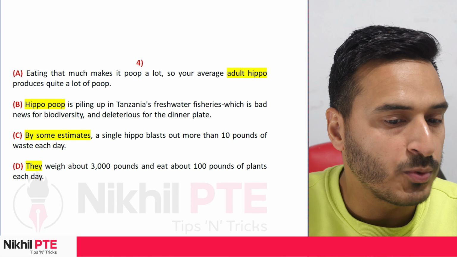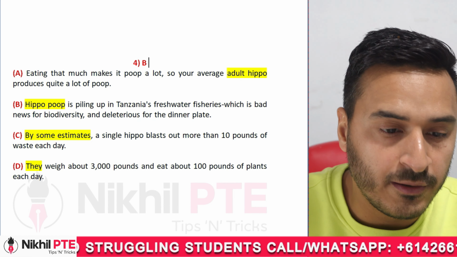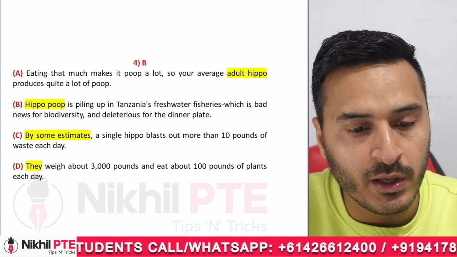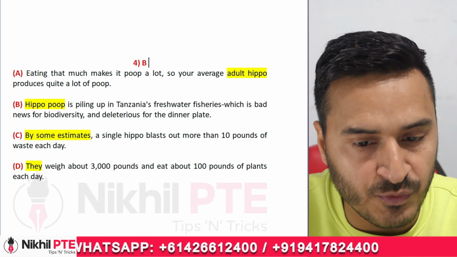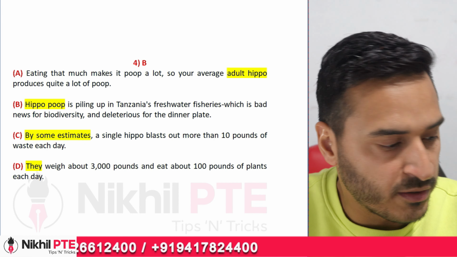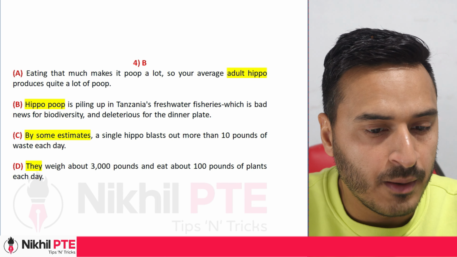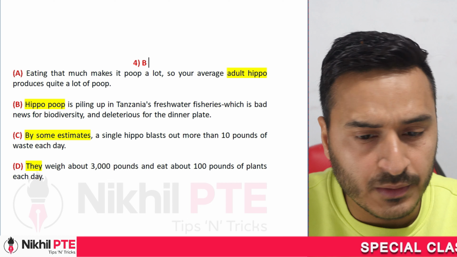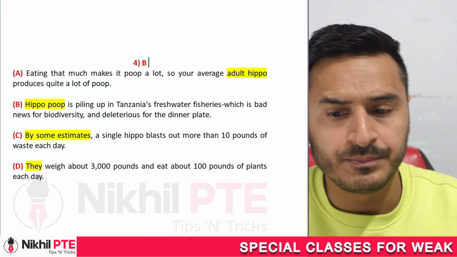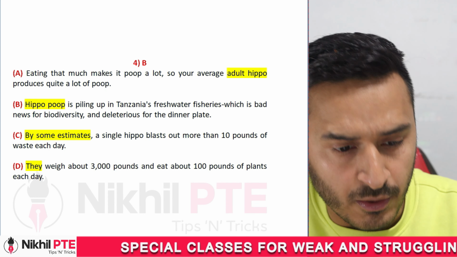So that says this option is an independent sentence. And after that, "hippo poop is piling up in Tanzania's freshwater fisheries, which is bad news for biodiversity and deleterious for the dinner plate." "By some estimate." So now after B, what will come?